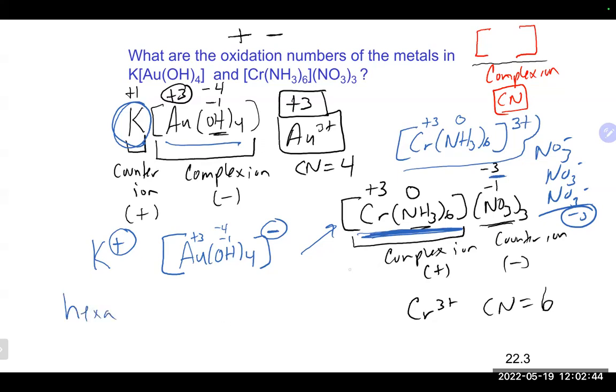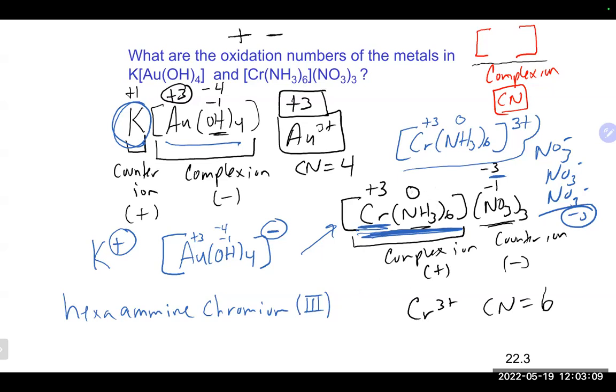The name for NH3 is ammine. This would be a positive complex ion, which means we could just use the regular name for it, which would be chromium. A little Roman numeral 3 action happening there.